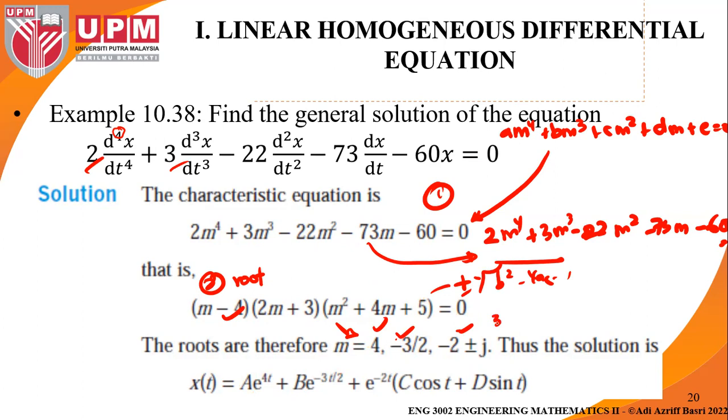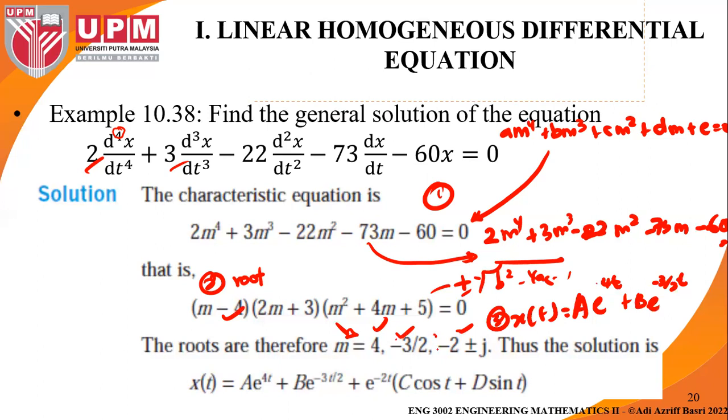The general equation is x(t) equal to, the first one is a real number, so a exponent, what is m1? m1 is 4t, plus b exponent, what is m2? m2 is negative 3 over 2 t.